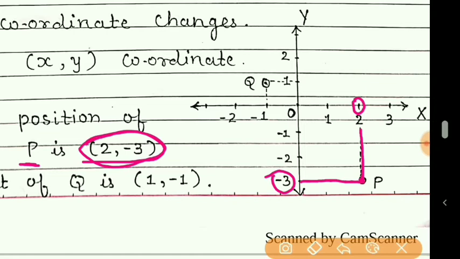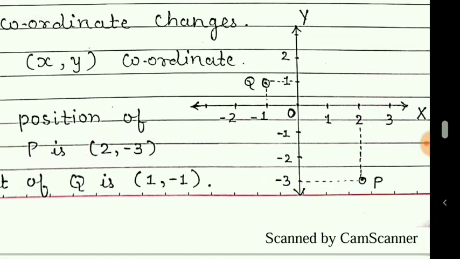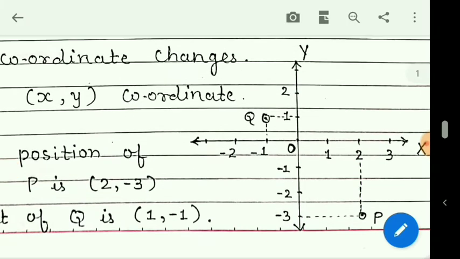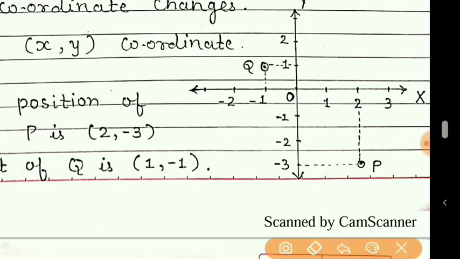So this shows the exact position of this point. So two coordinates are required for this, because this point P is neither on the x-axis nor on the y-axis. It is somewhere here, and so two coordinates are needed to show the position.